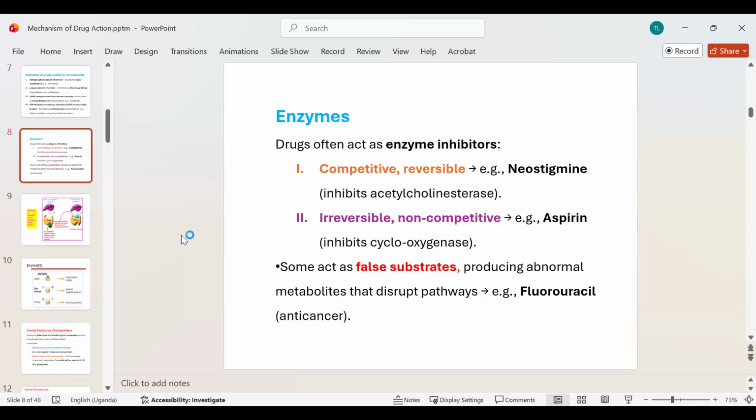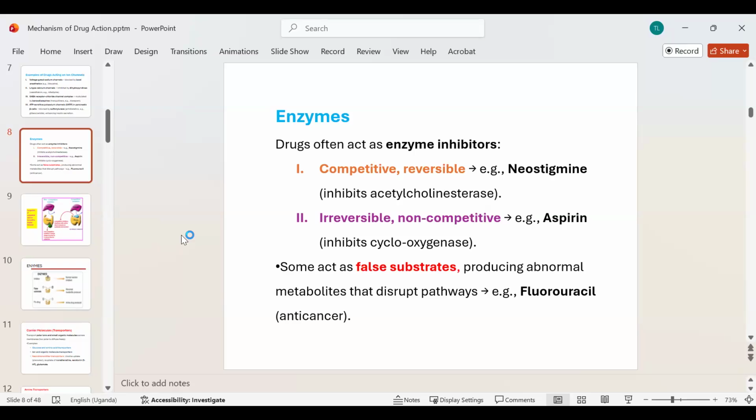And that takes us to the enzymes. The enzymes can also be receptor types. Enzymes can also work as receptors. Drugs often act as enzyme inhibitors, competitive and non-competitive. We have quite a number of drugs that end up inhibiting the enzyme acetylcholinesterase.